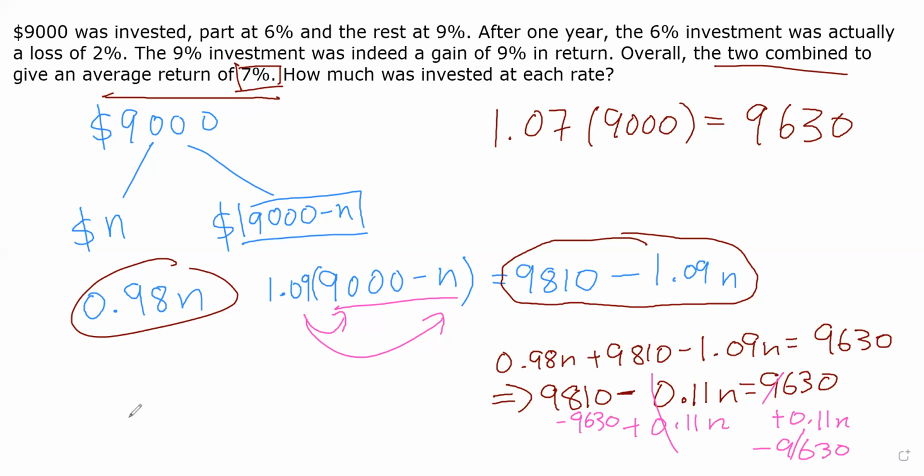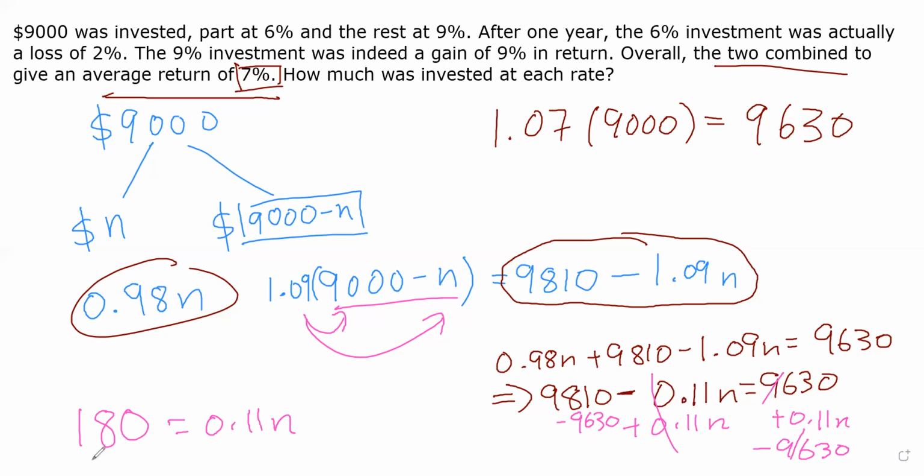Let's see, 9,810 minus 9,630 is 180, and this is equal to 0.11N.